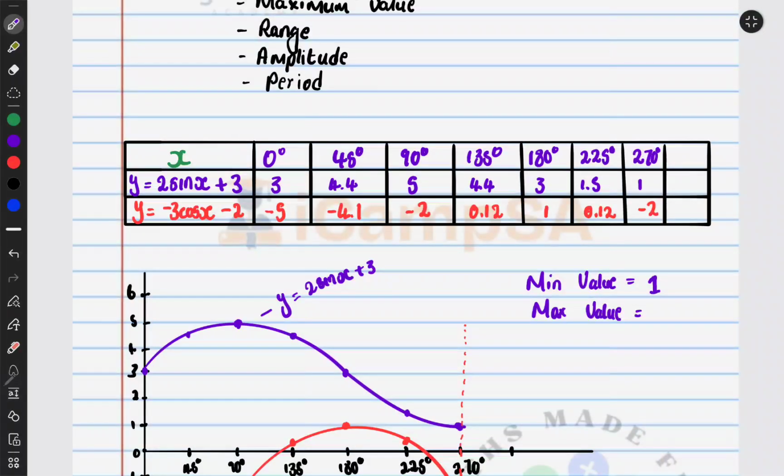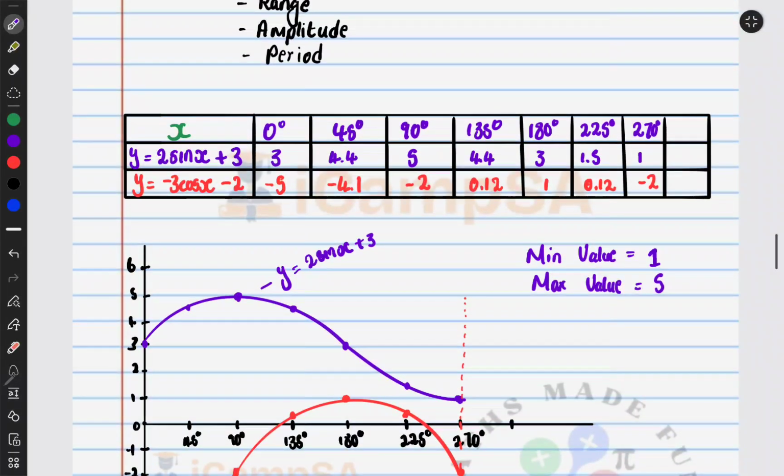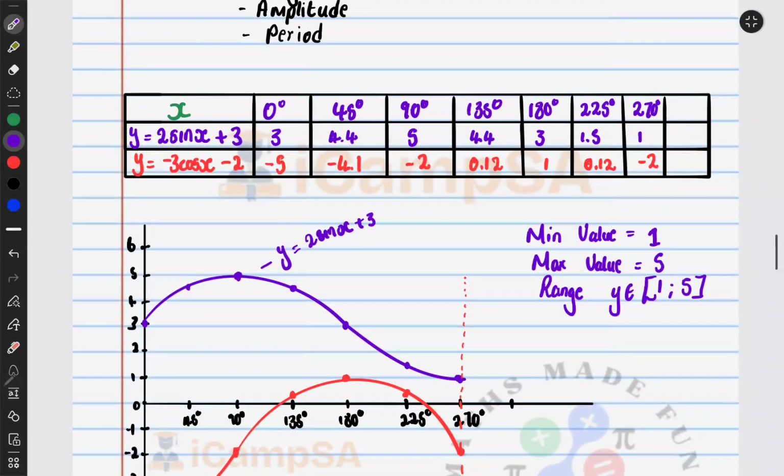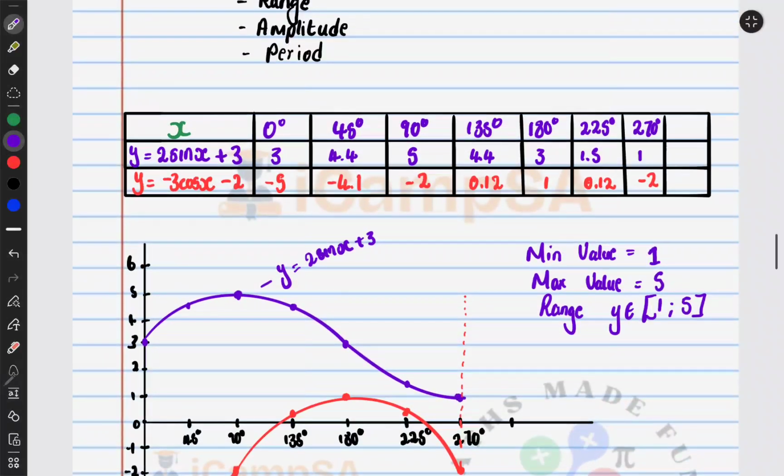Next we are asked to write down the range of the function. I said the minimum and the maximum value also gives you what? It gives you the range, so that our function goes between 1 and 5. So our range is gonna be y is the element of from 1 to 5, and then next the amplitude.